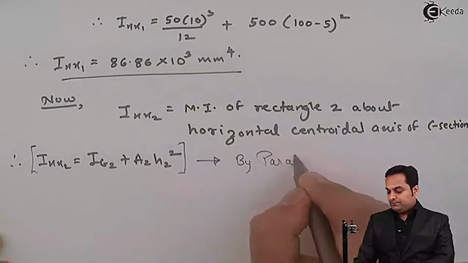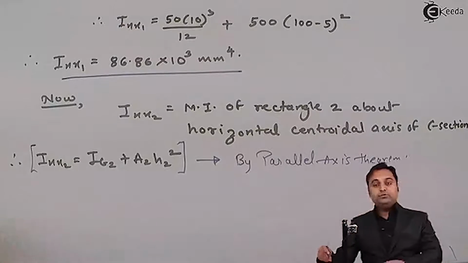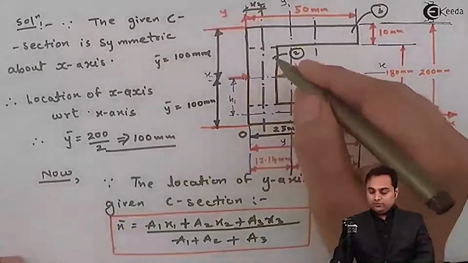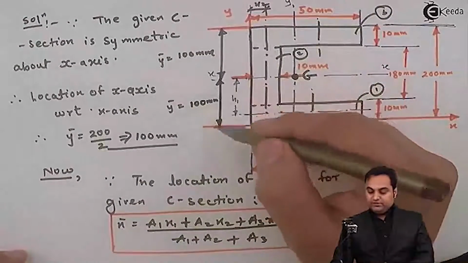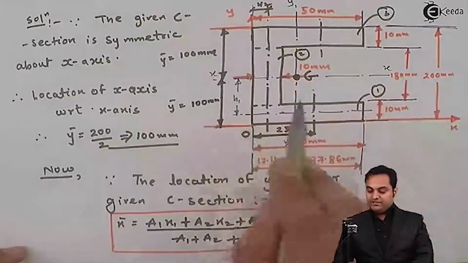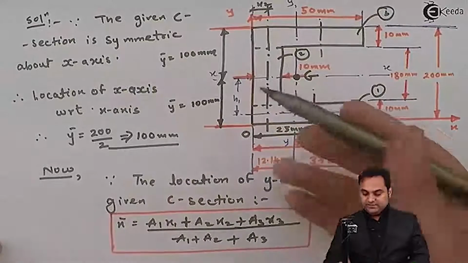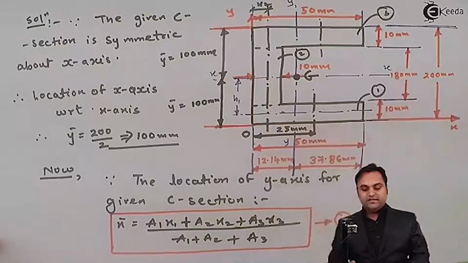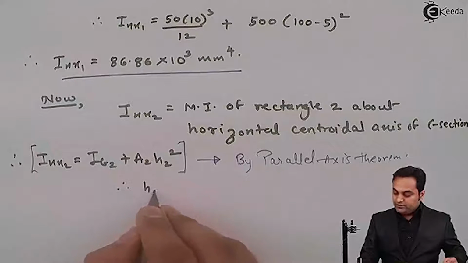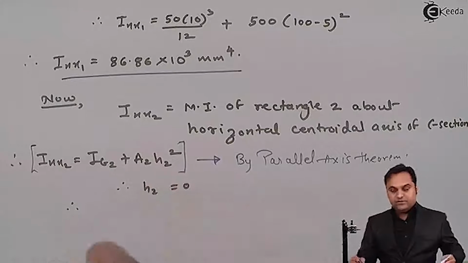But something interesting is to be noted here, that for rectangle 2, the x-axis of rectangle 2 is at 100 mm distance, and even the x-axis for the complete C section is also at 100 mm. So there is no distance between the two axes. Previously it was H1 for the first rectangle, now we don't have any distance, so H2 will be 0, since there is no perpendicular distance between the two axes.